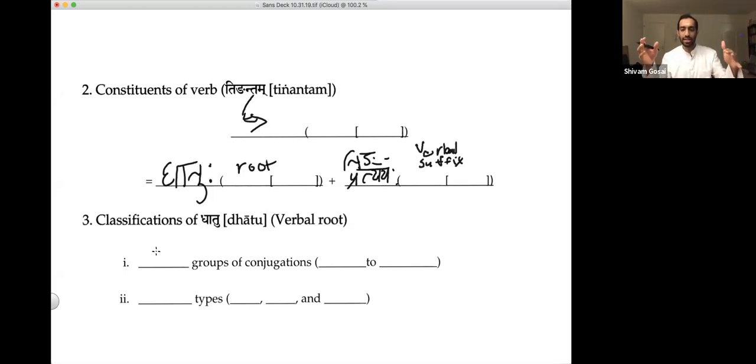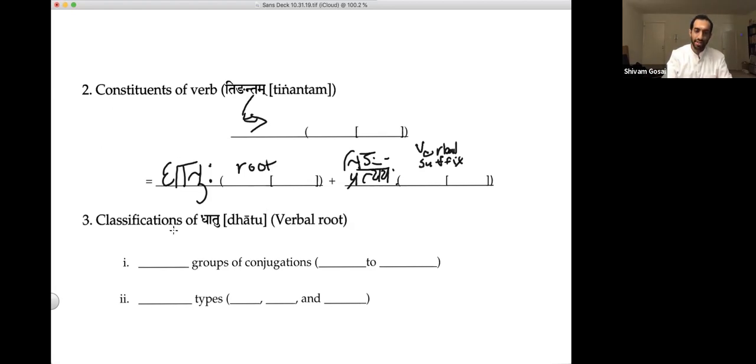What Panini did is he took all of these dhatus which were there in the natural language, and he categorized them to make them easier to understand. In the Dhatu Kosha, he's listed about 2,000 dhatus. Now, these 2,000 dhatus can be separated in different ways.